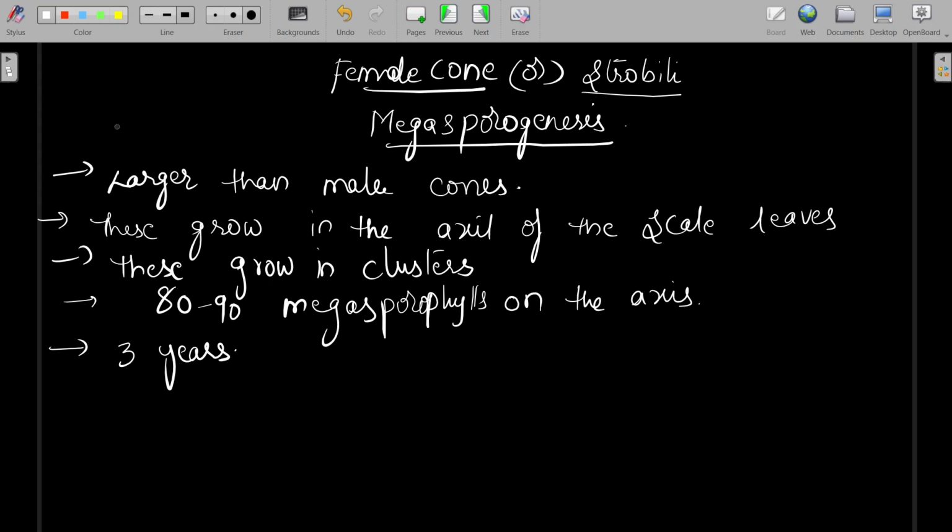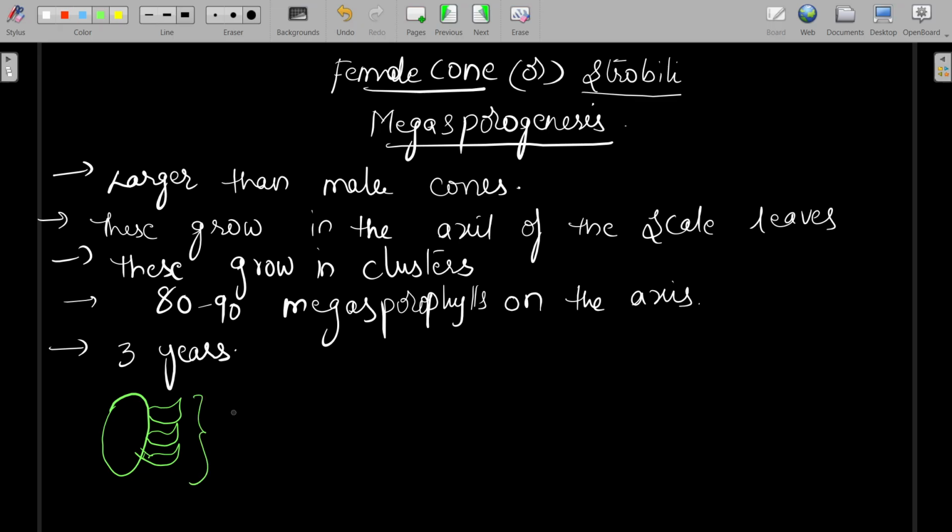So this is the axis, and these are the first year of female cone.